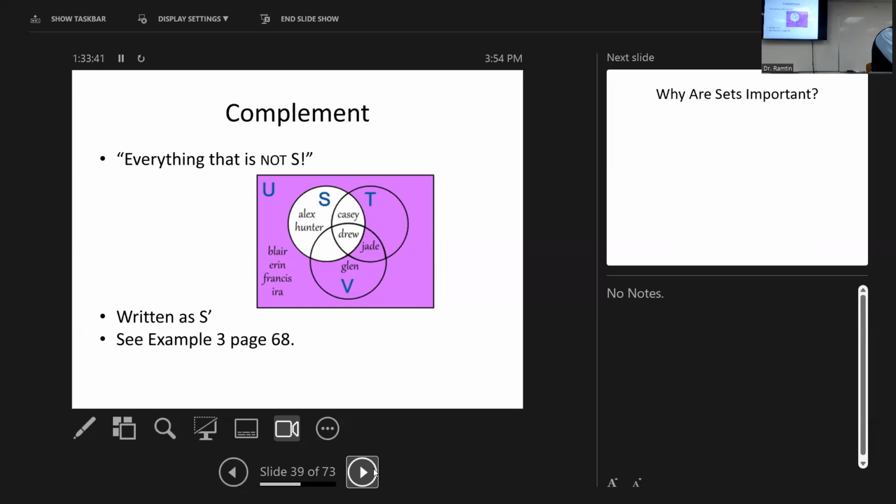Find A prime. Meaning, what is A prime? Everything not in A. So you look at U and you cross out those members that are in A: 1, 3, 4, 7. You cross them out, so the set A prime is 2, 5, 6, 8, and 9. You follow? Good.